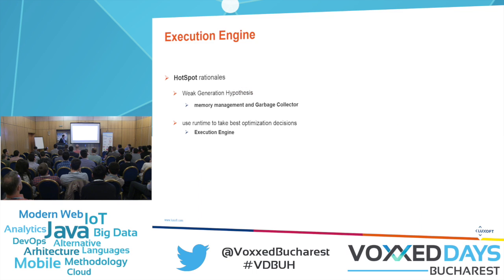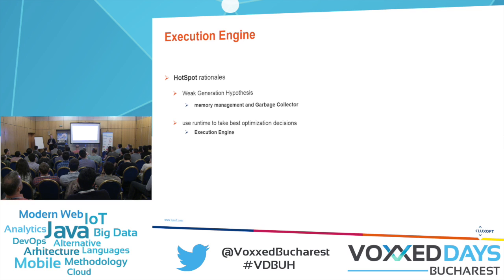Good. Let's continue and see what we have next. Let's discuss a bit about the execution engine. Before going deep into that, I can share with you two rationales. In the HotSpot, there are two rationales. The first rationale is with regard to the weak generational hypothesis.